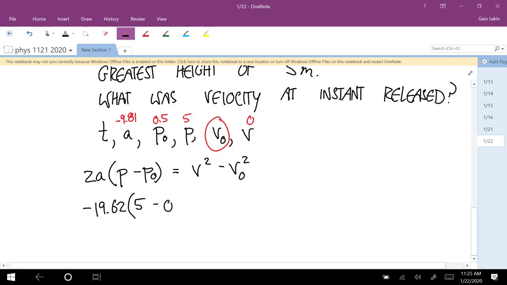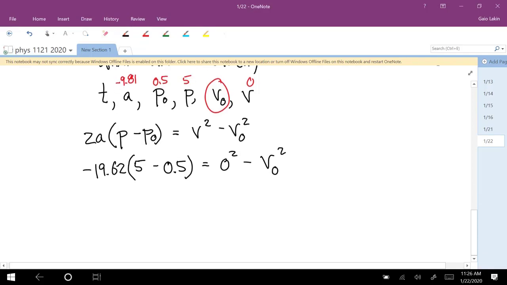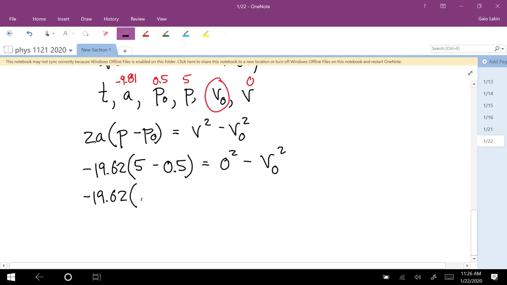5 minus 0.5 is equal to 0 squared minus v0 squared. And so you get negative 19.62 times 4.5 is equal to negative v0 squared.